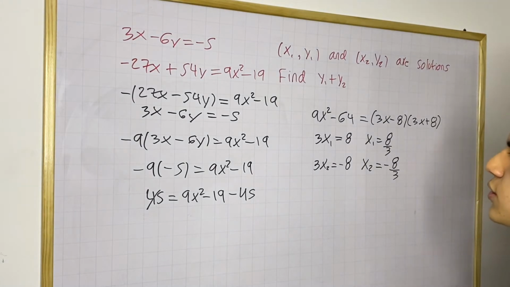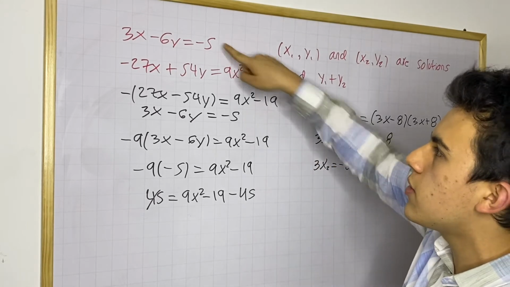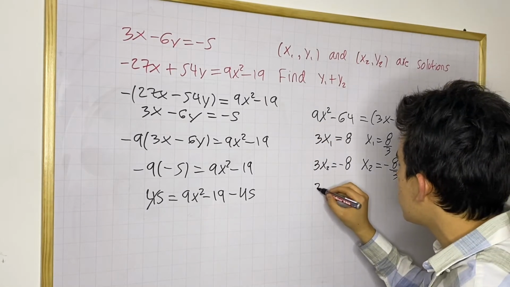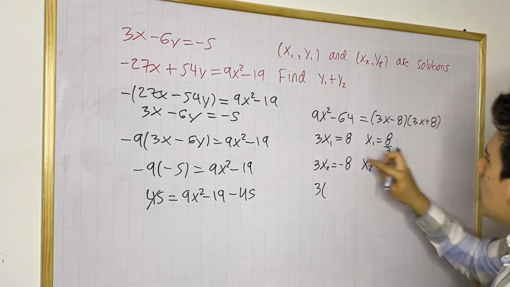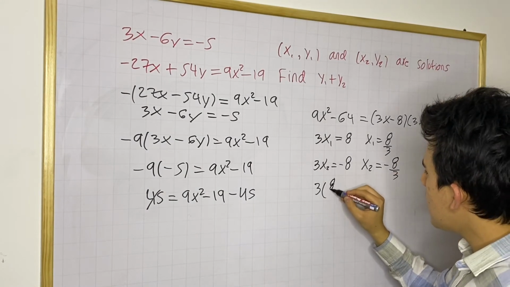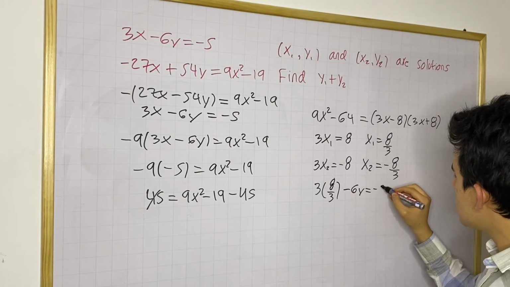So now what can we do in this case? Well, we know that we found x, and the simplest equation that we have is this one up here. So if we plug x into that equation, let's try x1 first. We're going to have 3 times 8 over 3 minus 6y is equal to negative 5.